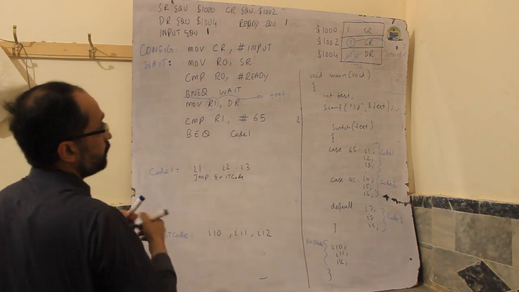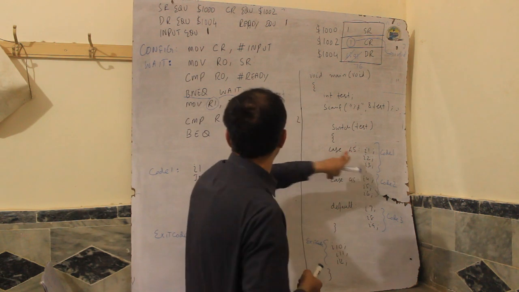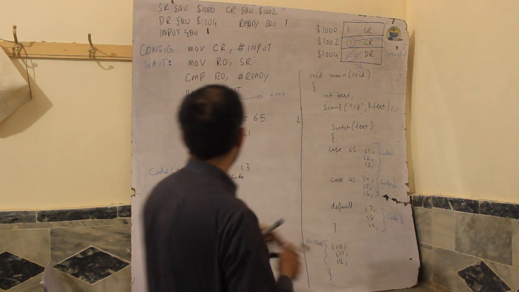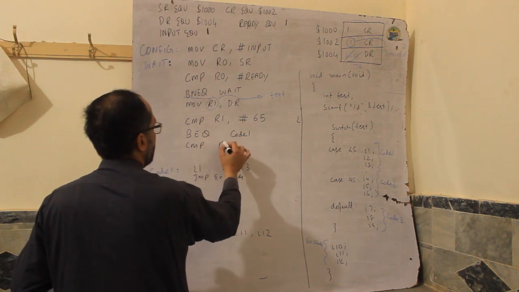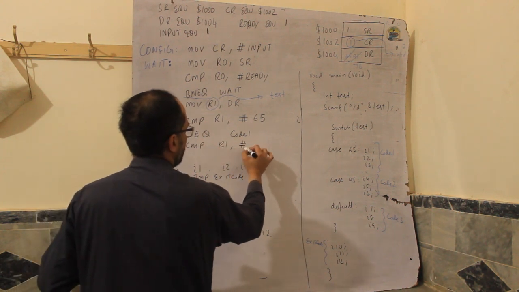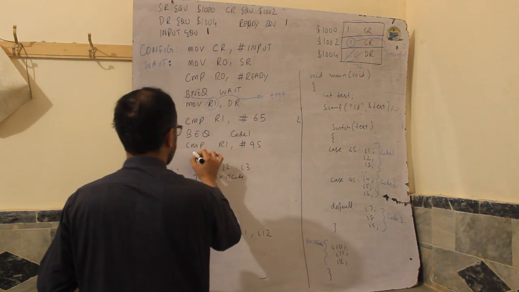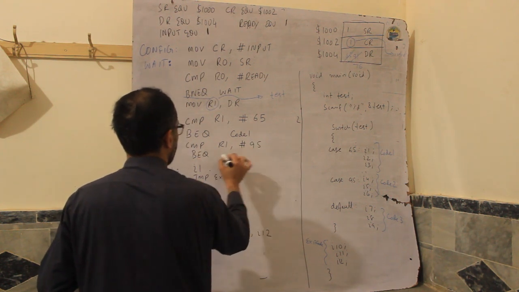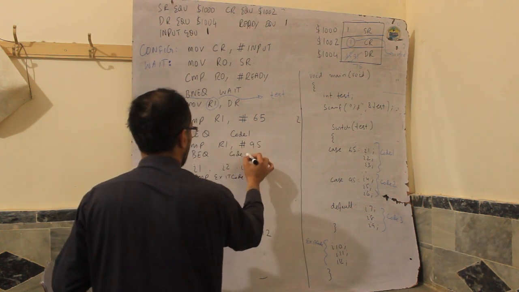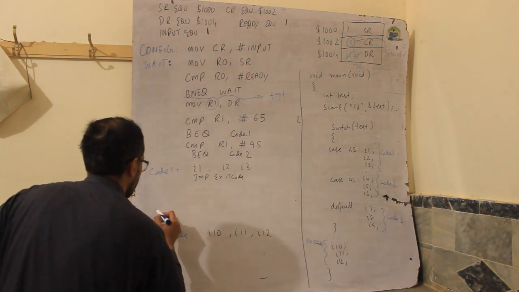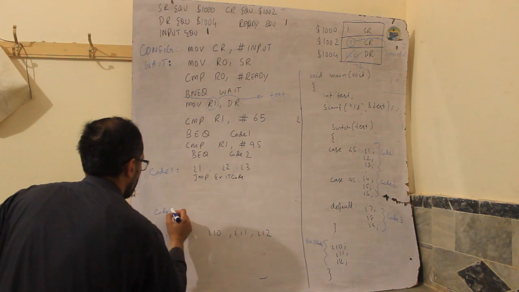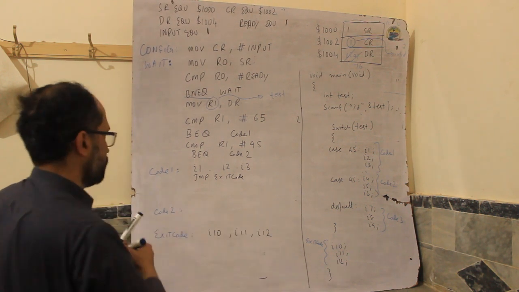If it's not equal, now we have compared R1 with 65, now we have to compare R1 with 95. If it is equal, we have to jump to code 2.